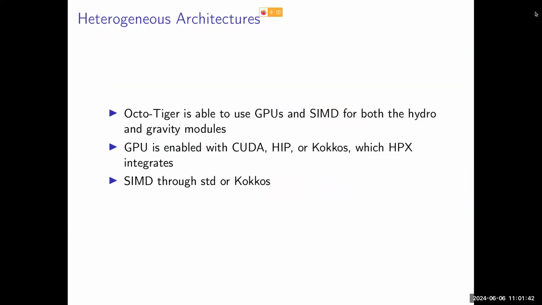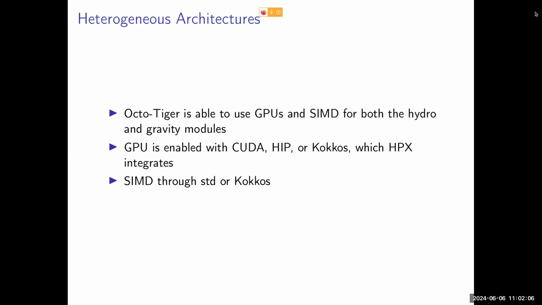So Octo-Tiger and HPX are also able to use GPUs. HPX has all the future setup for GPU execution, CUDA.